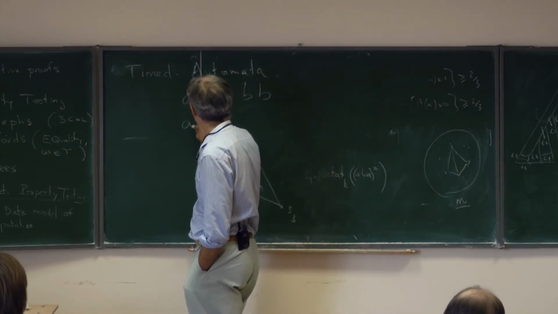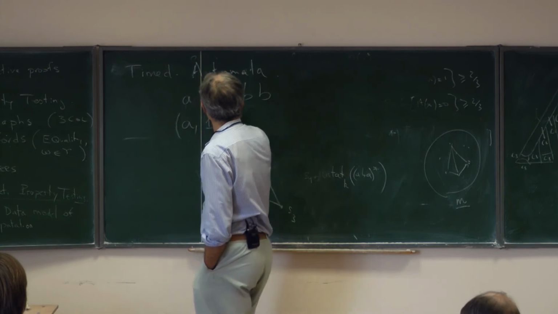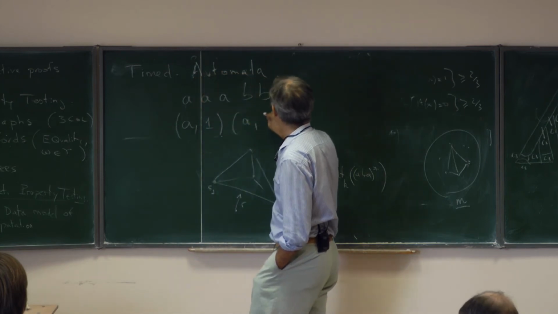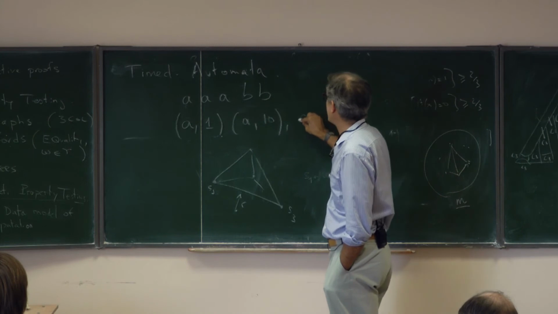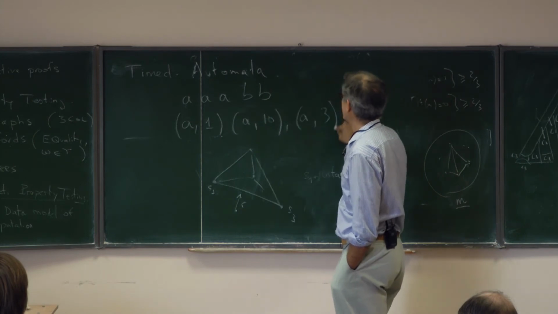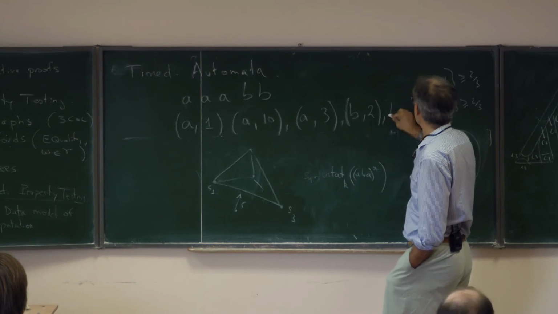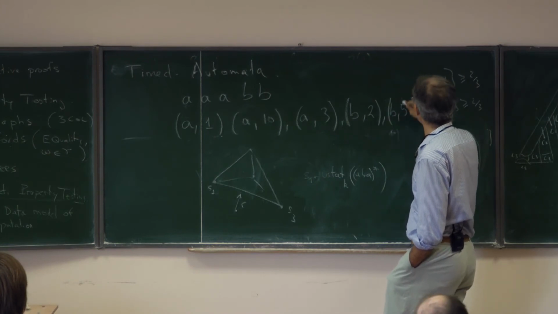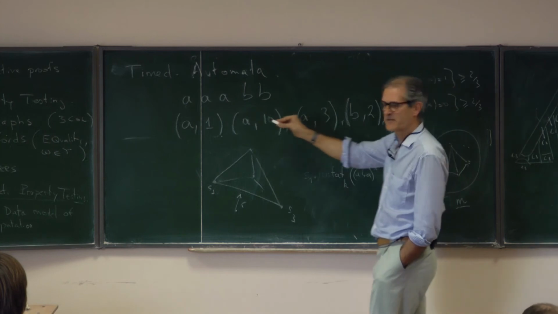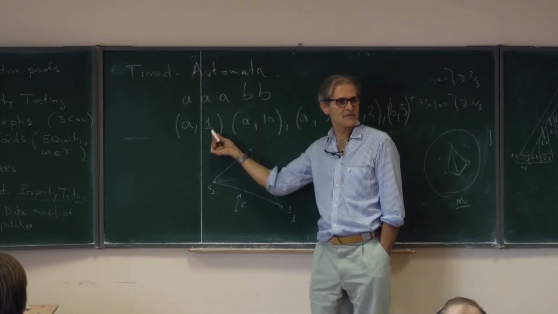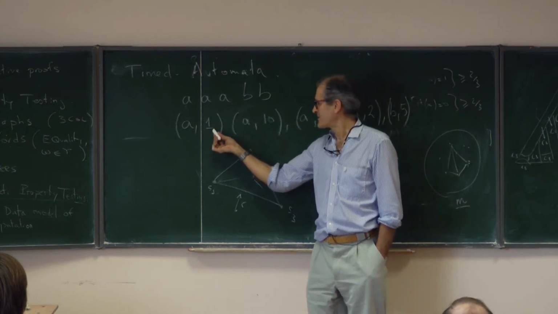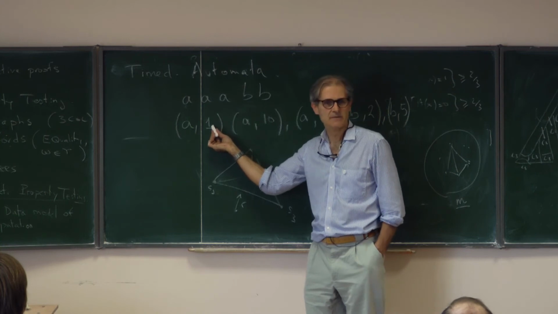So you read A for 1 unit, the second A you read it for 10 units, the third A you read it for 3 units, the first B you read for 2 units, and the second B you read it for 5 units. Now, of course, people start with units of time, but they soon want to go to rationals.